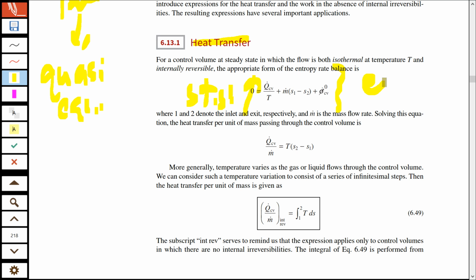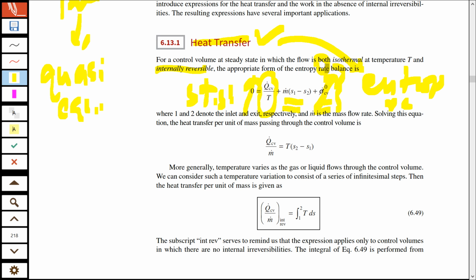This equation is the entropy rate balance. Now we are writing heat transfer because this form of the equation takes into account the heat transfer as well. So you have a contribution from heat transfer, you have a contribution from mass transfer, you have a contribution from irreversibilities. But because you assume an internally reversible process, that term is zero.